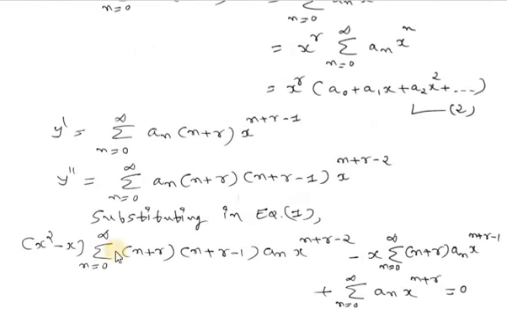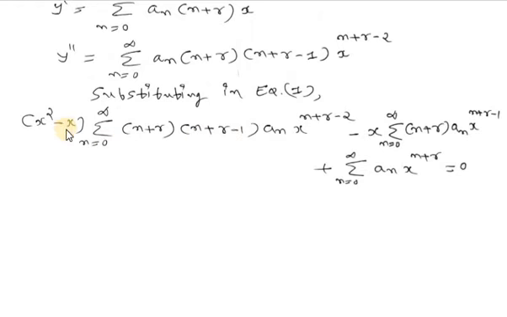Now multiplying this term by x squared and x. If you multiply this term by x squared, it will become x raised to n plus r, and these terms will be as they are. So it will become sigma n equals 0 to infinity (n plus r)(n plus r minus 1) a_n x raised to n plus r.